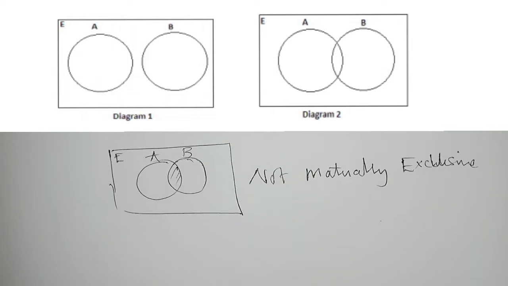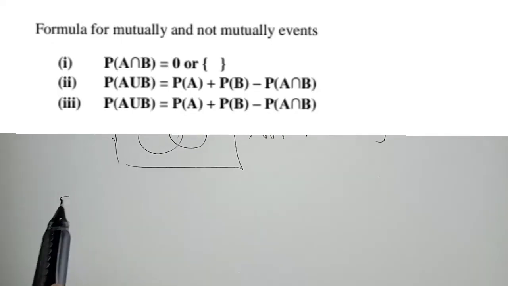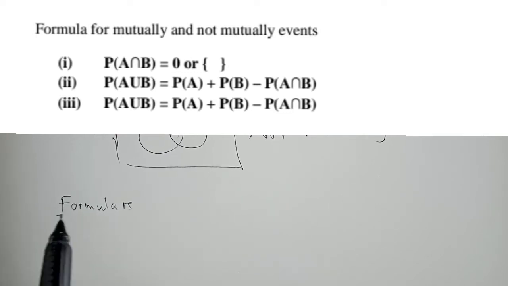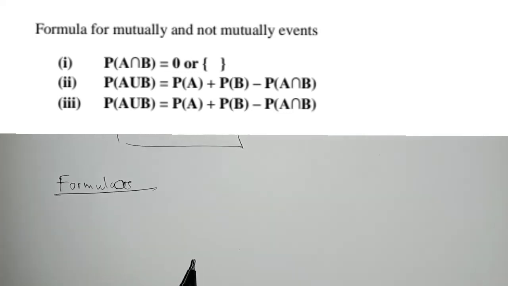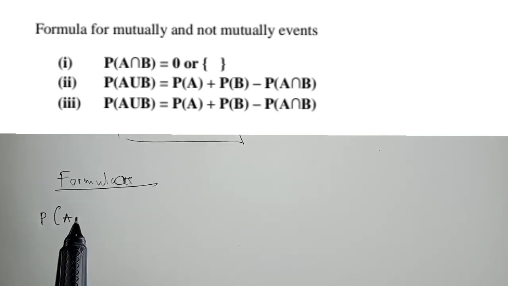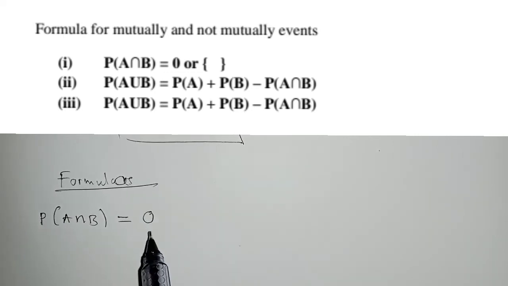Let's check the formulas. So there are basically 3 formulas that you need to know. The first formula is probability of A intersect B is equal to 0.